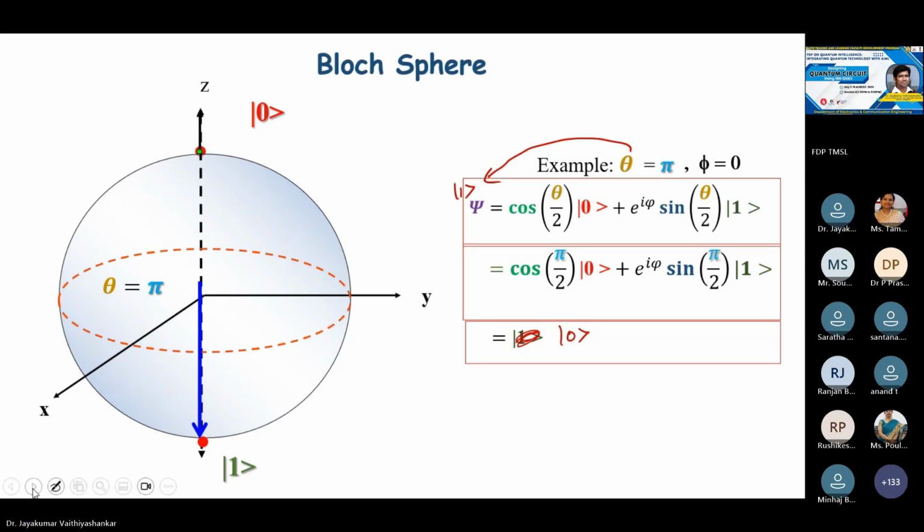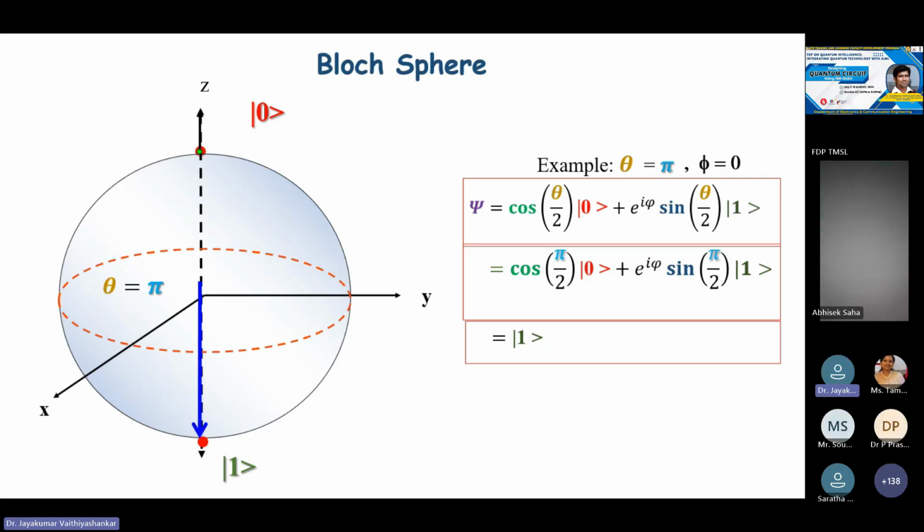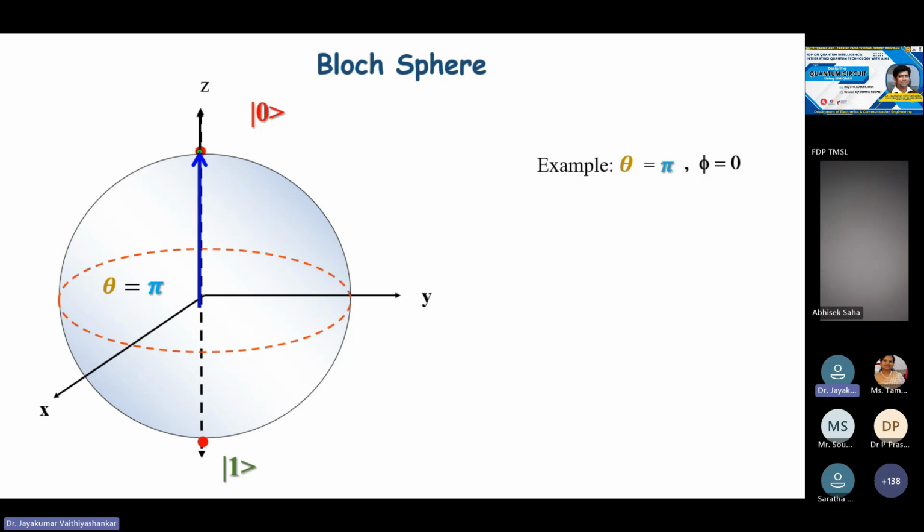It is about the quantum state where we are applying. In this example, we started from 0. From 0, if you apply d equal to pi, it will come to state 1. From state 1, if you apply d equal to pi again, it will go back to state 0. So we covered two examples.